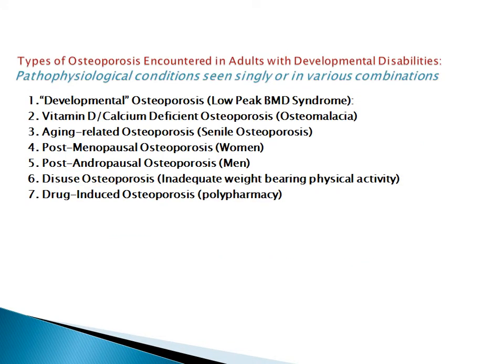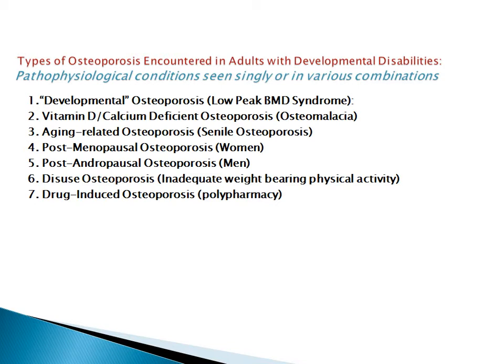The types of osteoporosis encountered in adults with developmental disabilities include developmental osteoporosis. This refers to failure to attain a normal peak bone mineral density. Vitamin D calcium deficient osteoporosis, also known as osteomalacia. Aging-related osteoporosis, known as senile osteoporosis.